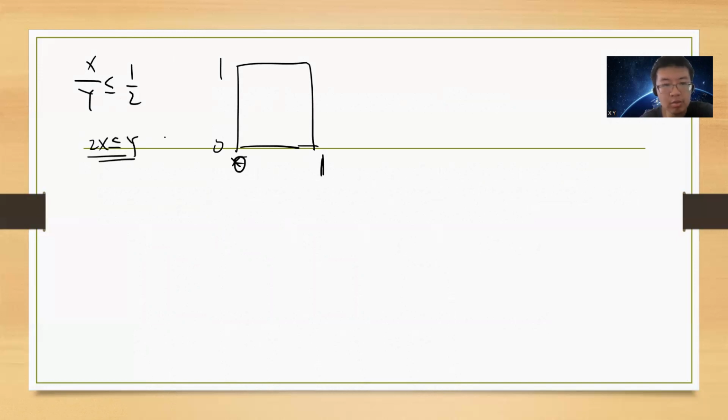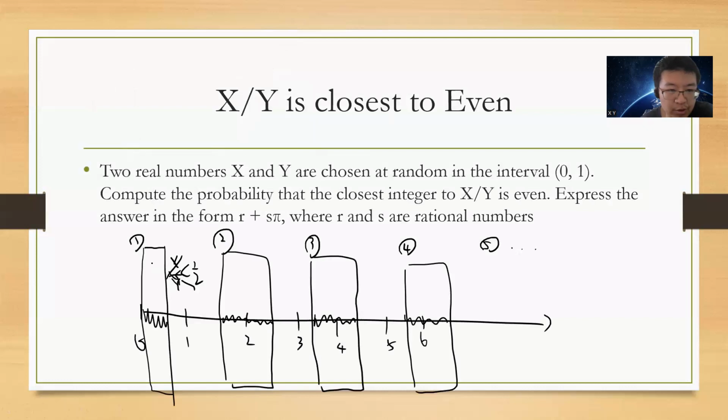The line is y equals 2x, and y needs to be greater than or equal to 2x, so it's this region. The probability for this is 1 divided by 4. So we have solved the first region: 1 divided by 4.